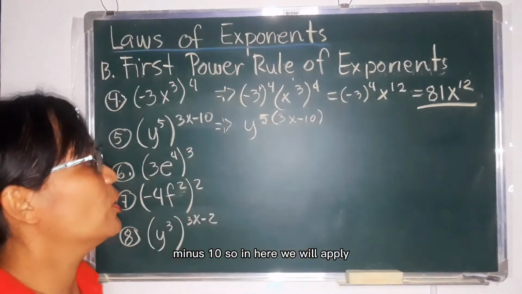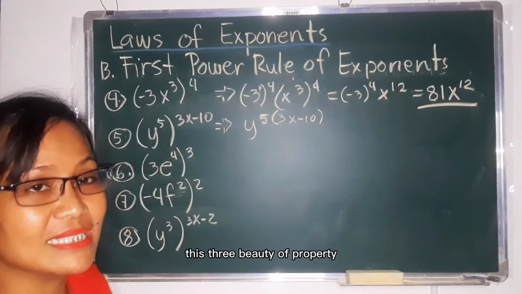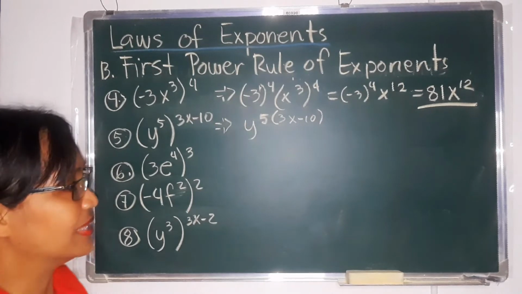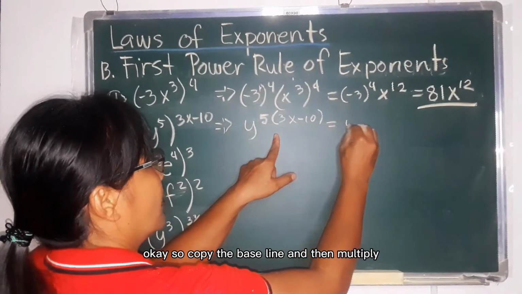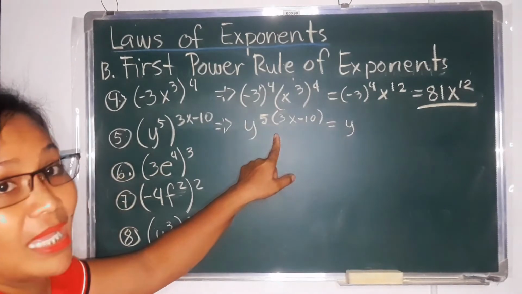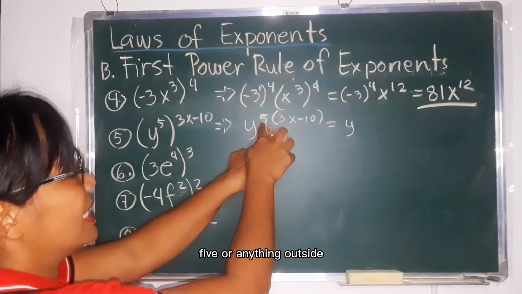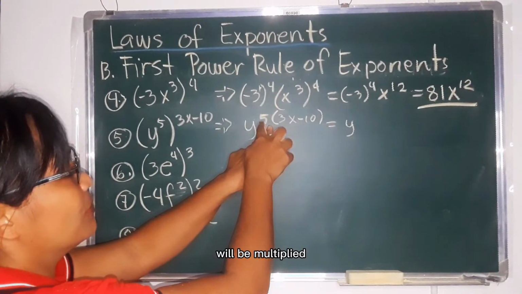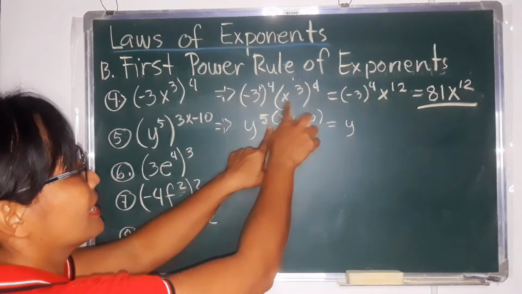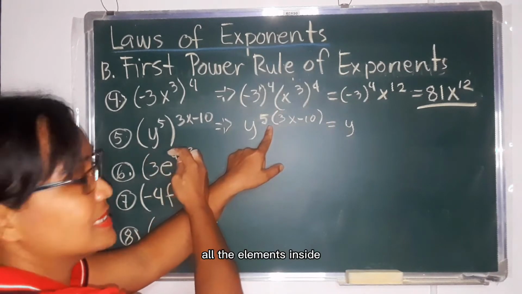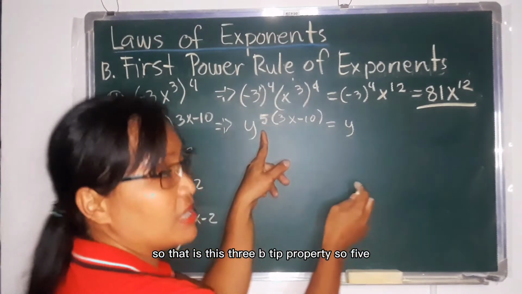In here, we will apply the distributive property. Copy the base y and then multiply 5, or anything outside, with all the elements inside.